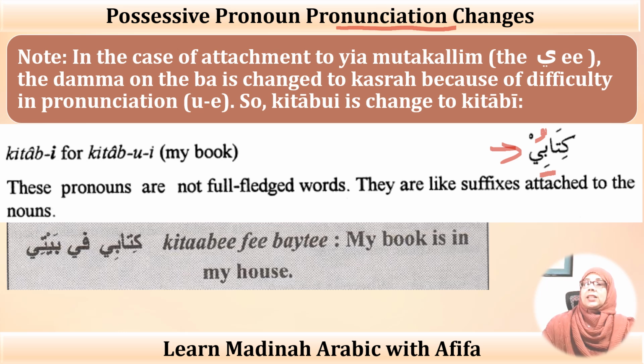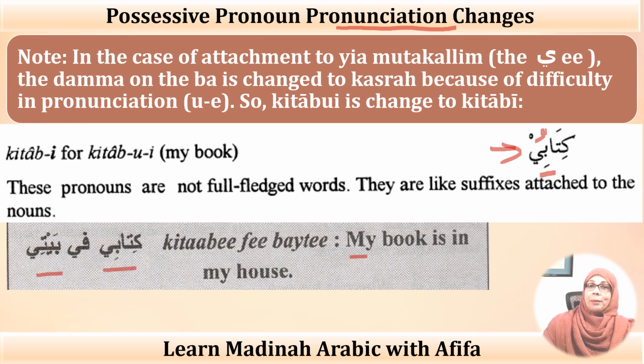So it is kitabi. This was done for ease of pronunciation because it is hard to pronounce when there is a dhamma and then after it there is a kasra. So this was a pronunciation change. It is pronounced kitabi.